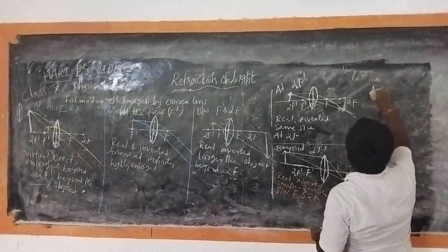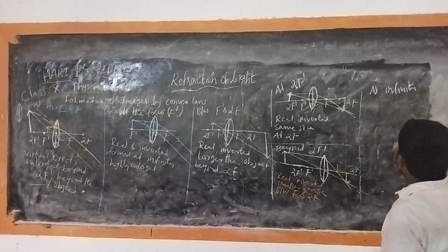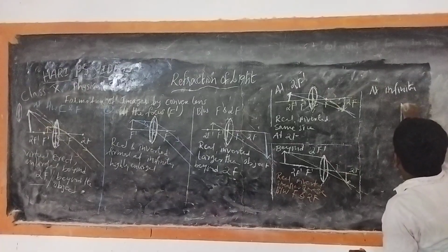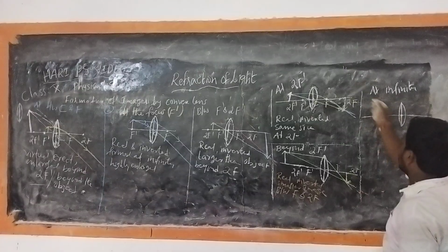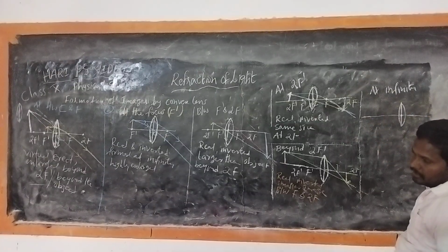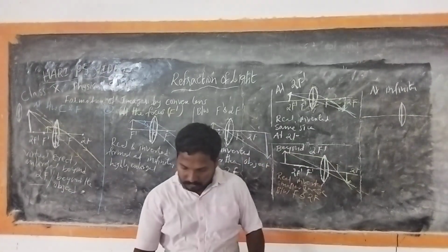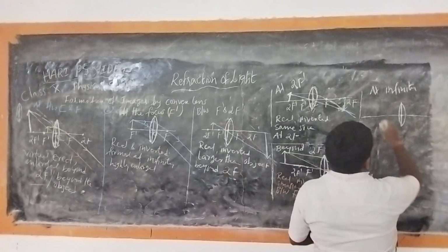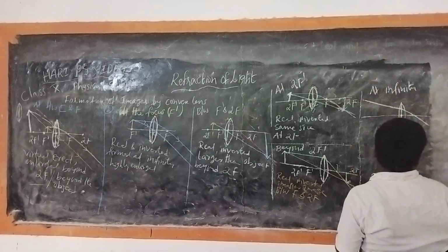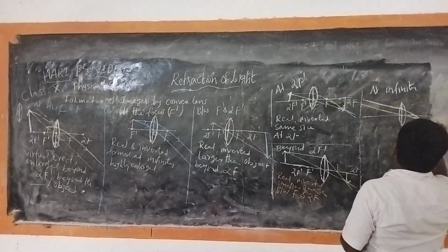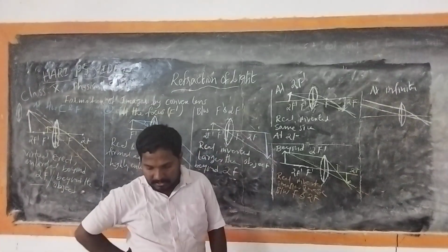Then the object at infinity. A convex lens, principal axis, optic center, and the object is at infinity. What happens? One light ray is incident and passes through the focus. Then one more is parallel. Where is the image formed?